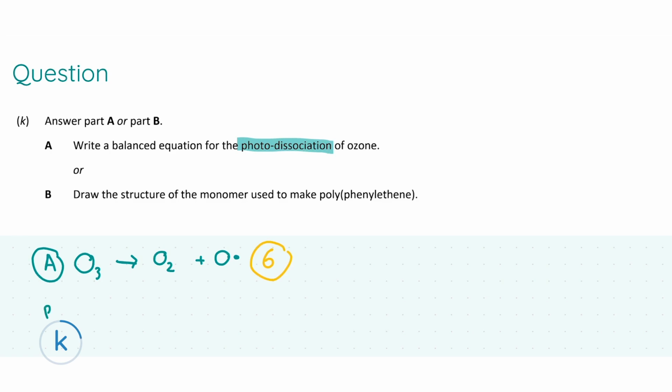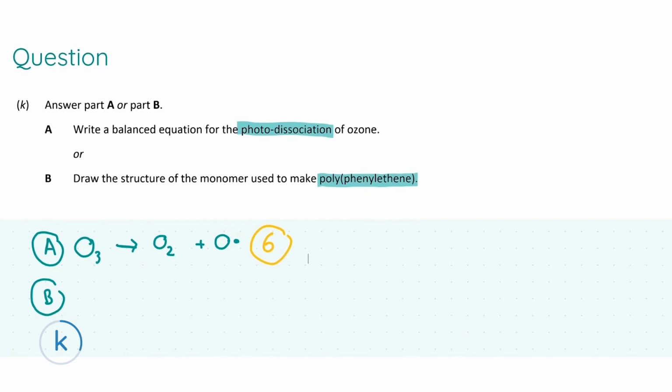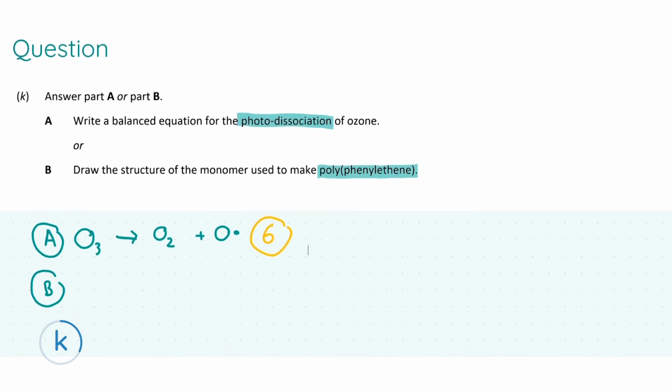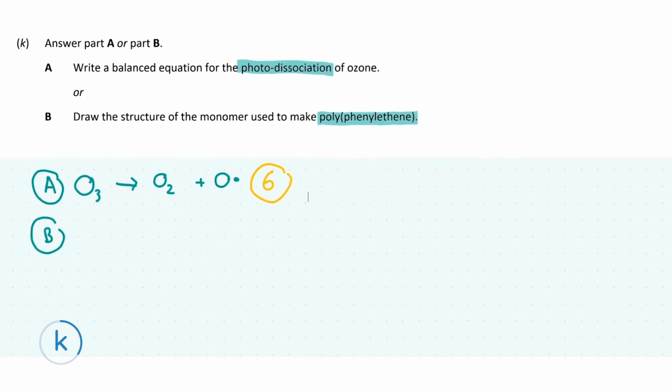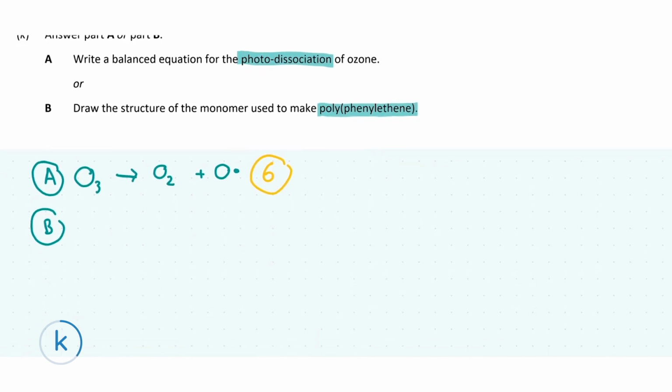Now, question B asks us to draw the structure of the monomer used to make polyphenylethene. So this is polyphenylethene, ethene where one of the hydrogens has been replaced by a phenyl group. So first of all, let's draw ethene.